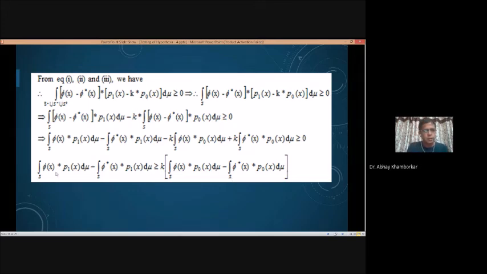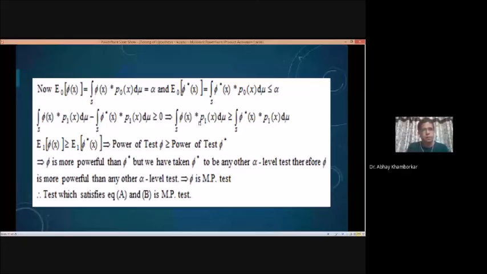So I can write down this expression as this integration minus this integration greater than or equal to 0, right? So this integration minus this integration is, you can see here, this left hand side is greater than or equal to 0, मैंने बताया.